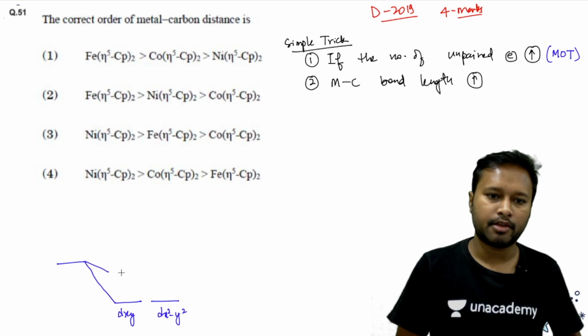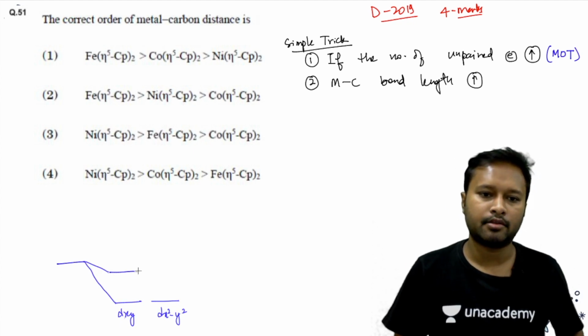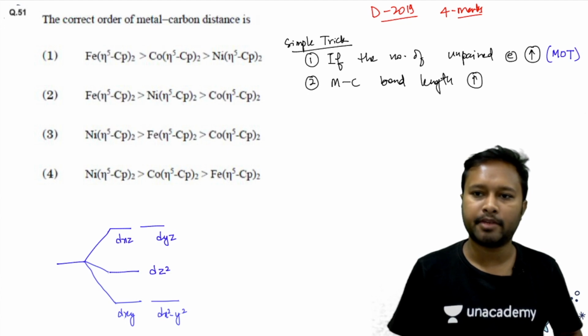The next orbital is dz square, and then the highest energy orbitals are dxz and dyz. So this is how the d orbital splits.